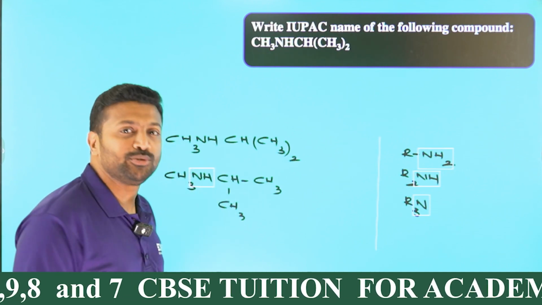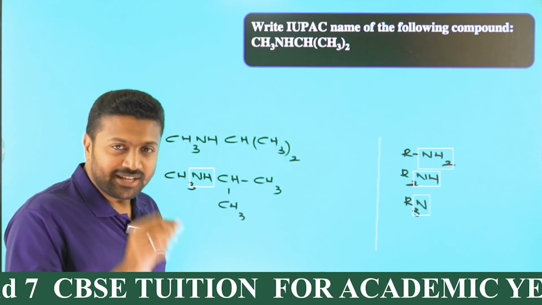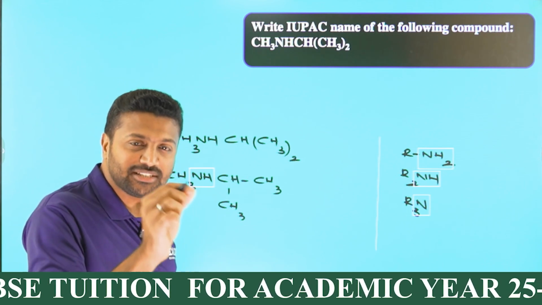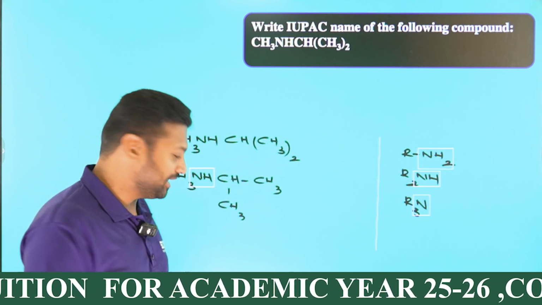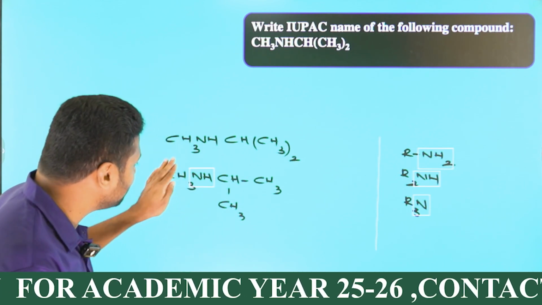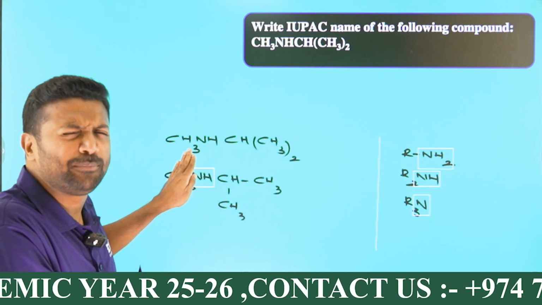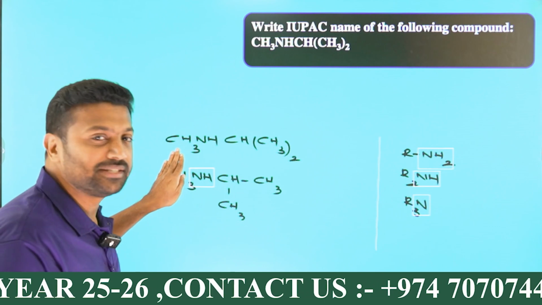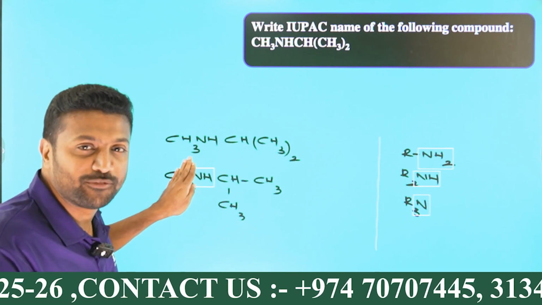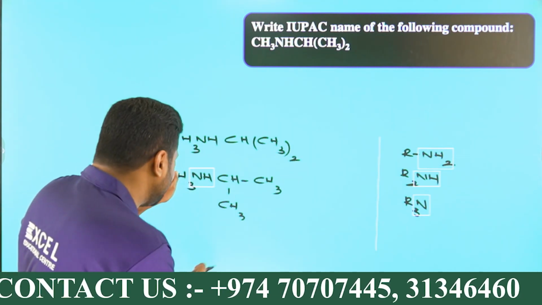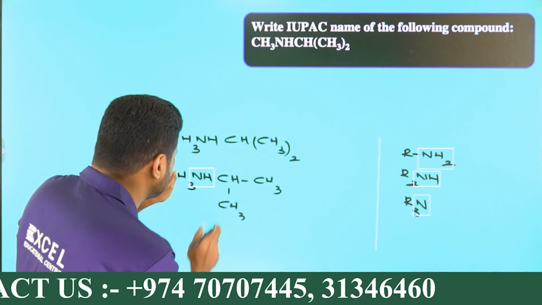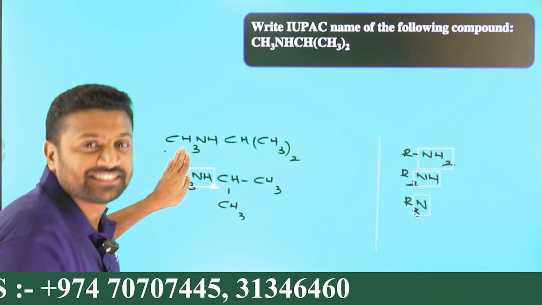NH means it belongs to secondary amine. Regarding secondary amine, mask the lower alkyl portion. Here my lower alkyl portion is methyl, containing only 1 carbon. The other is a 3 carbon alkyl portion. So the lower one is methyl. Mask this lower number of carbon. Call this NH as NH2.